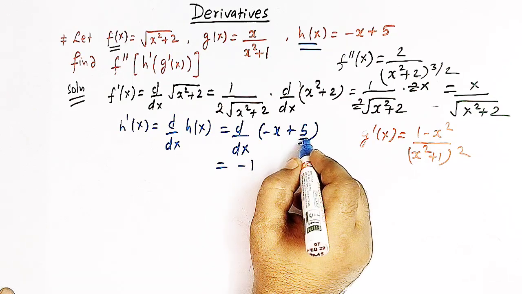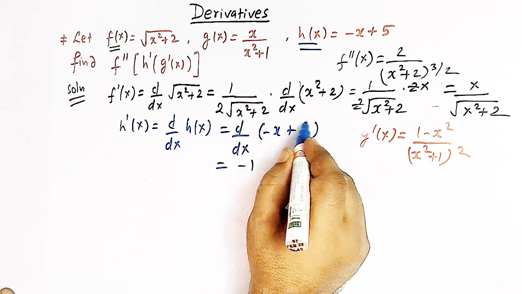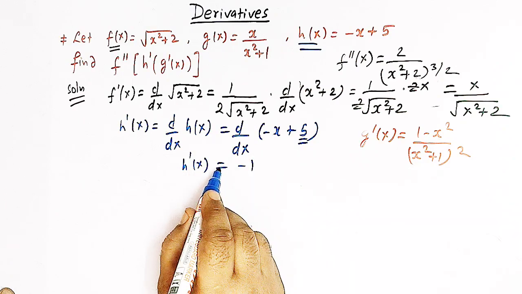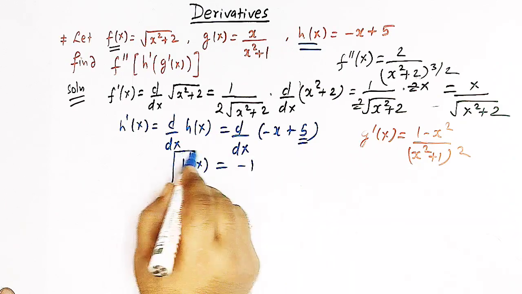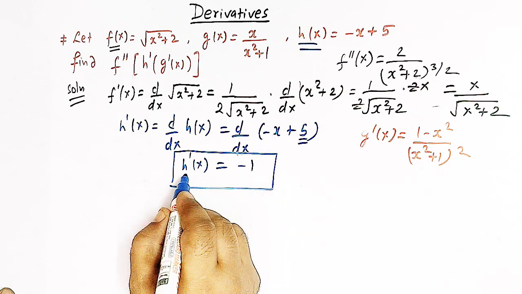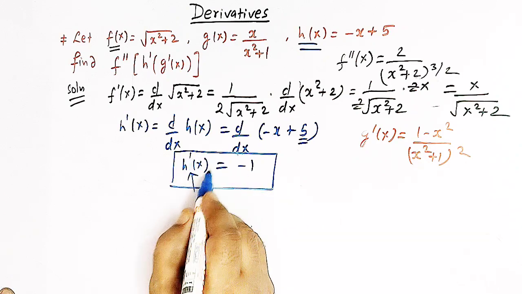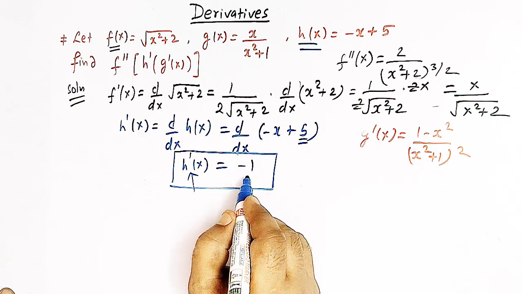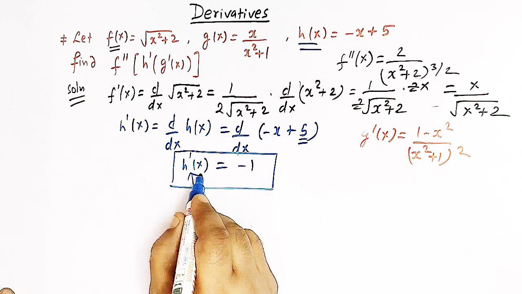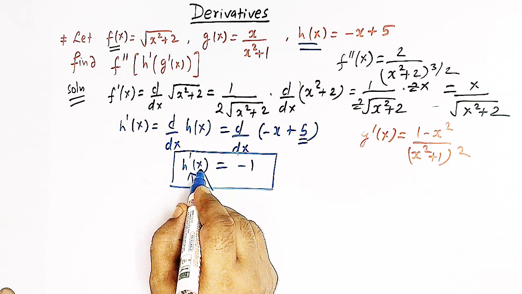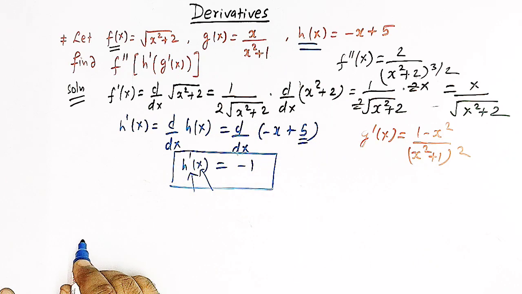And the derivative of 5 is 0 being a constant. So h prime of x is equal to minus 1, and here we can see that h prime of x is a constant function, right? So h prime of x is equal to minus 1 for all values of x in the given domain, right?